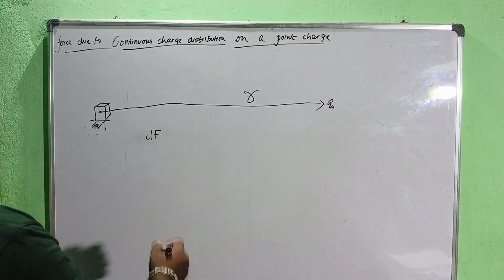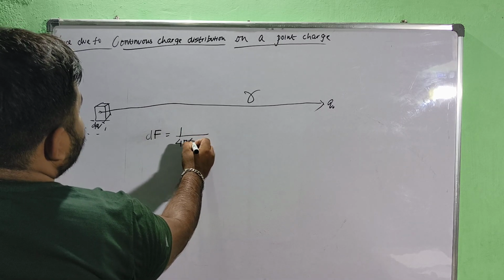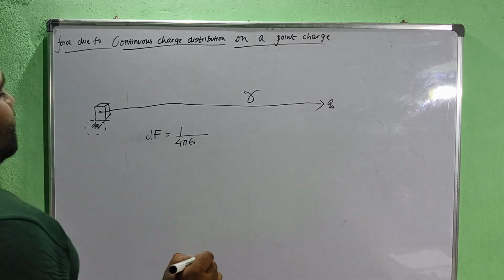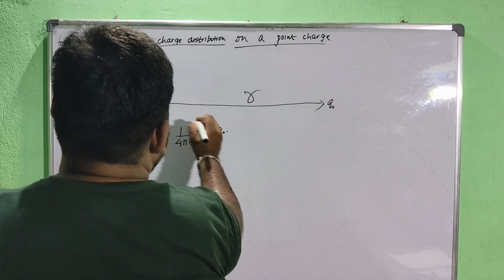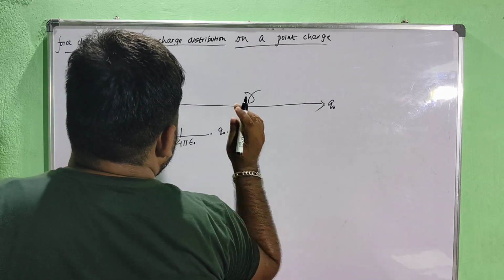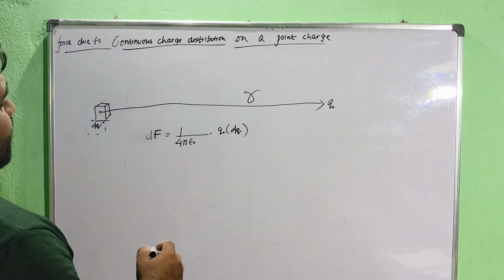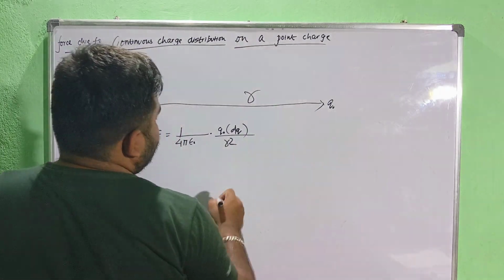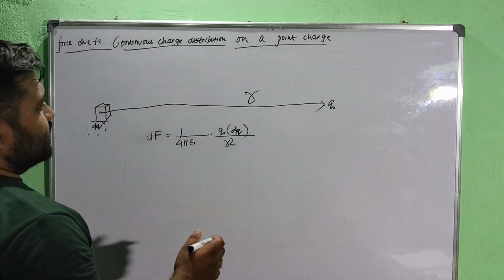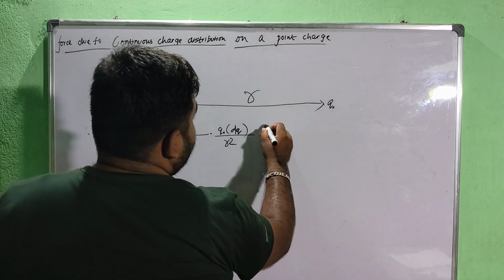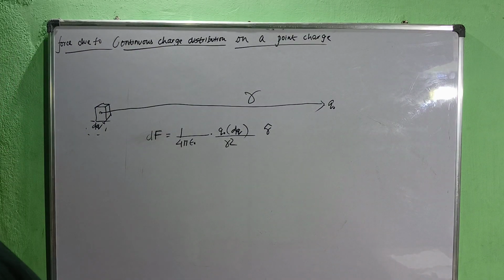So what should df be? You include all those constants which we used while calculating electric field: 1 upon 4 pi epsilon naught, multiplied by Q naught into dq, the amount of charge, divided by r square. And the direction of the force is along r cap.